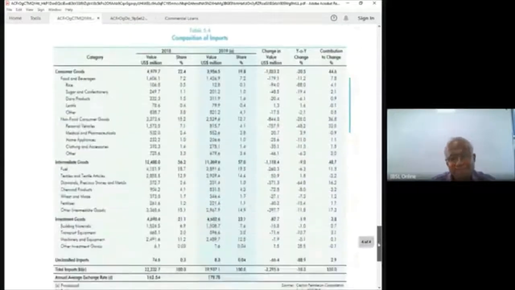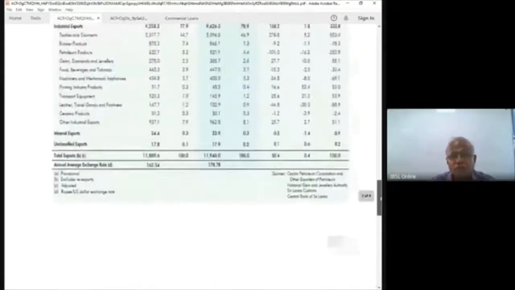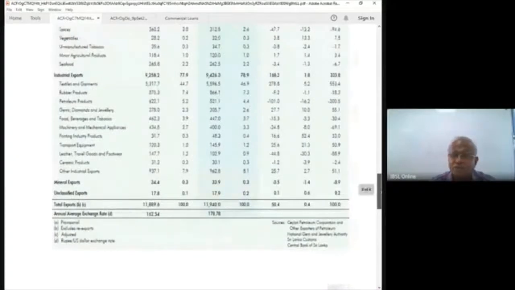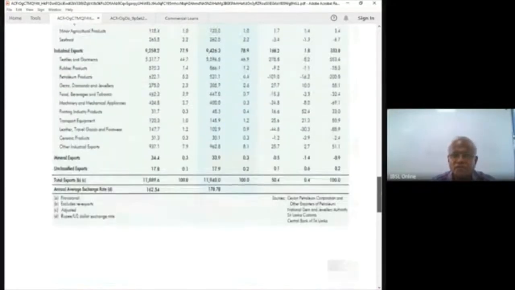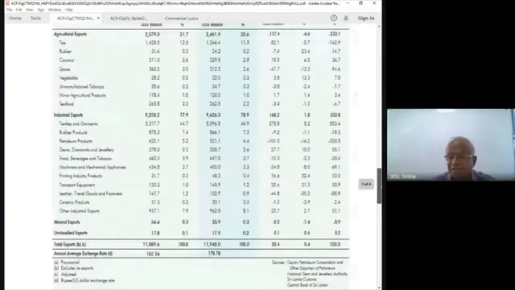But of that, roughly how much is inputs? Nearly 3 billion for inputs, against 5.6 billion earnings. So value addition is roughly 5.5 minus 3, about 2.5.